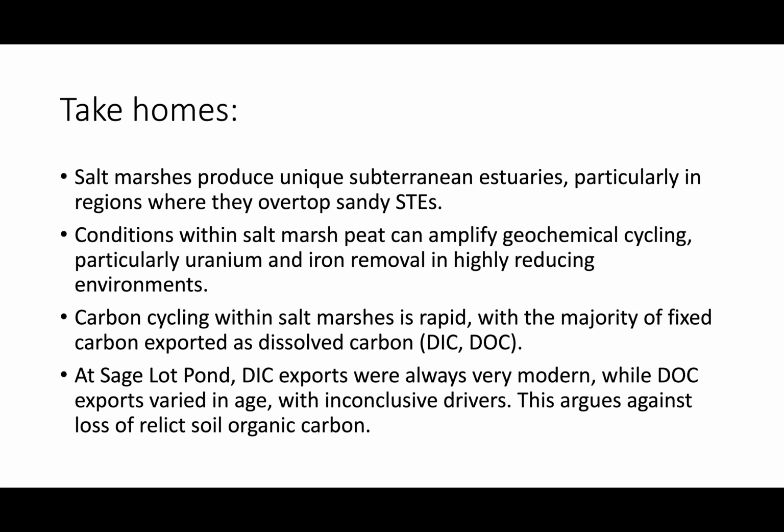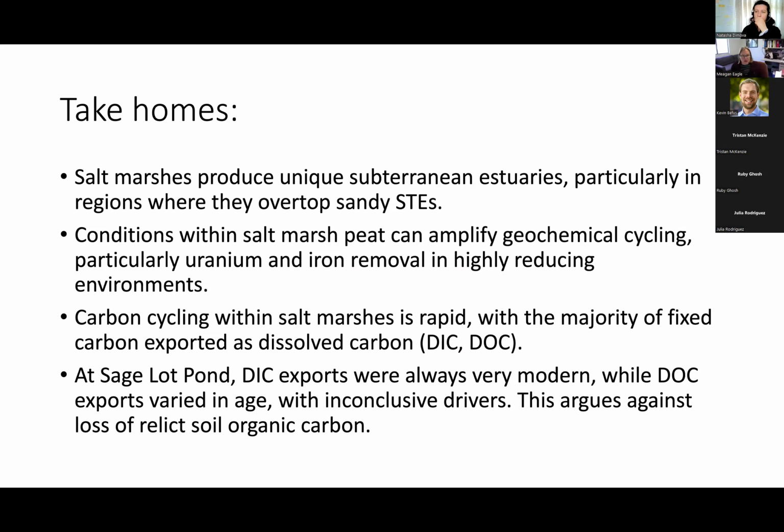Most folks think of the low hydraulic conductivity in salt marshes as impeding flow, but because they are regularly flooded and then the water levels drop, you can induce quite a bit of flow through these regions. That amplifies the geochemical cycling, particularly because they have such fine-grained sediment compared to some of the sandy subterranean estuaries. Some of the weathering reactions are favored and can occur more rapidly, especially as the products are removed.